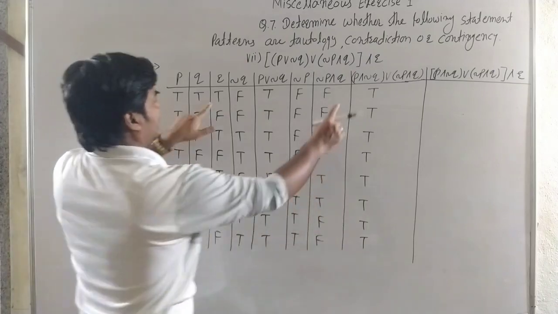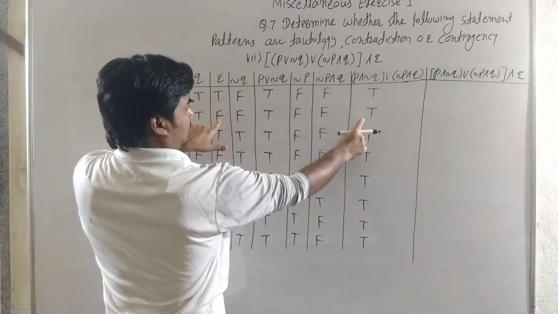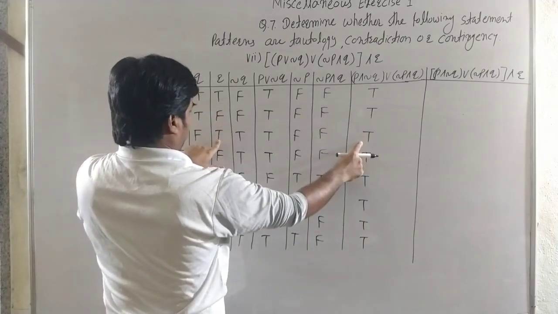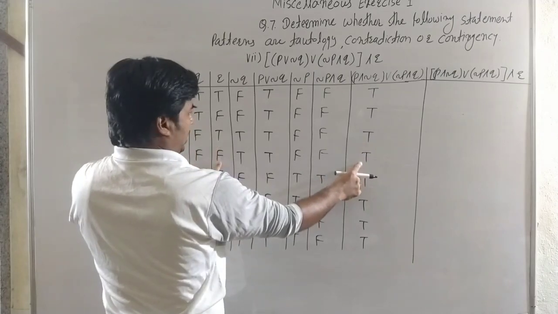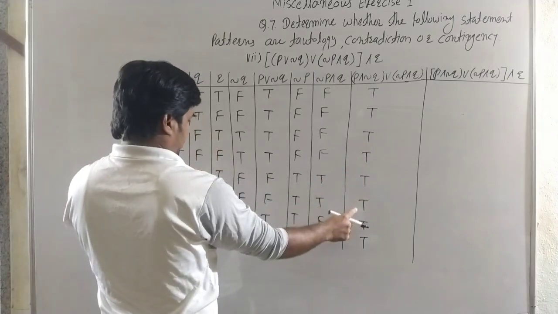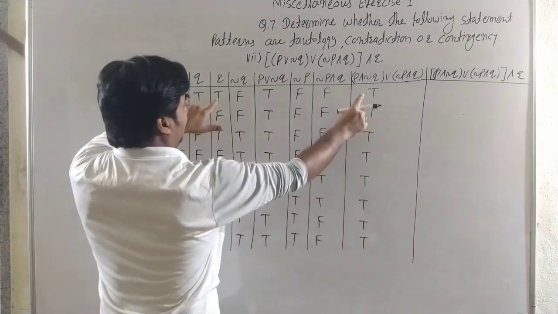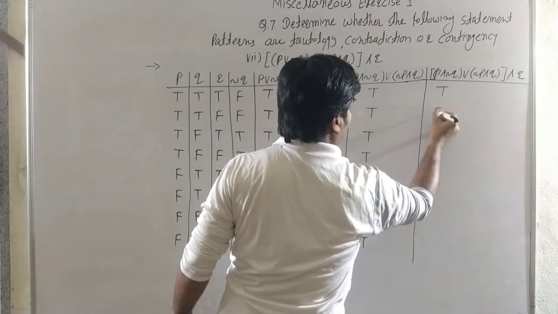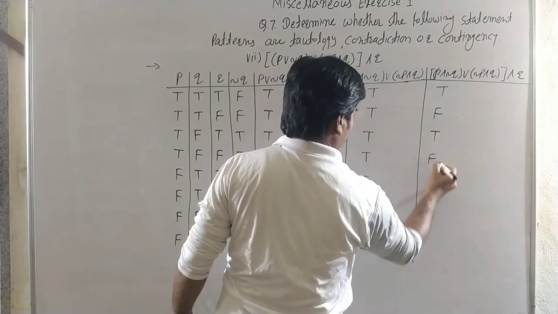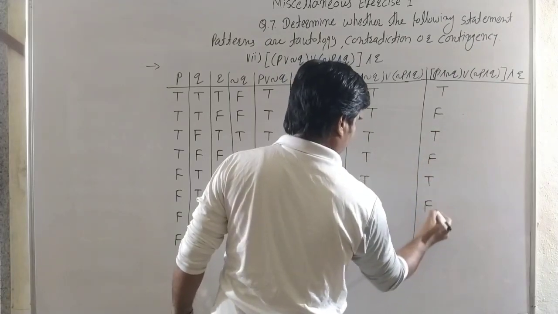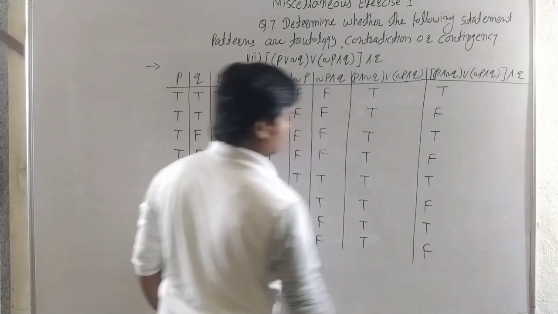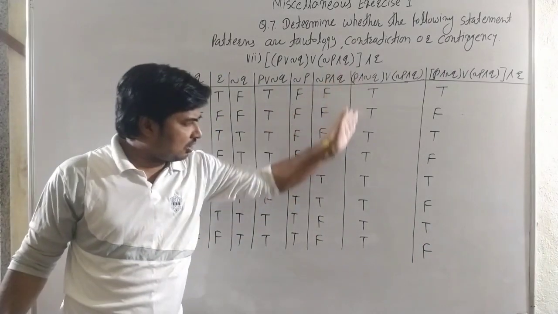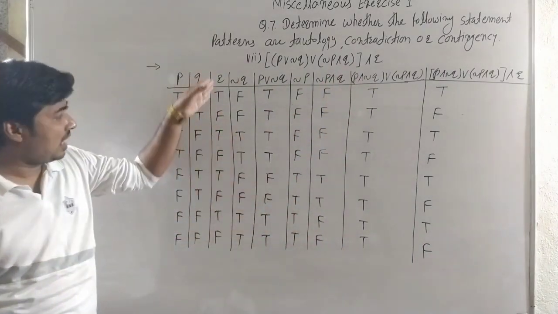Here it is true, false, true, false, true, false, true, and false. All of the first part are a tautology, and it is R.